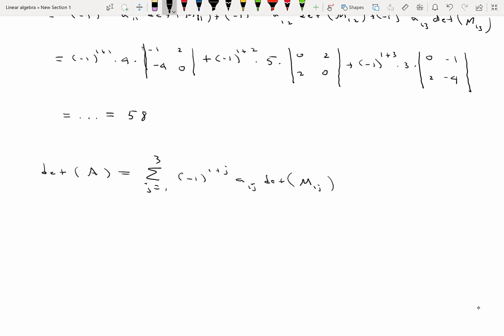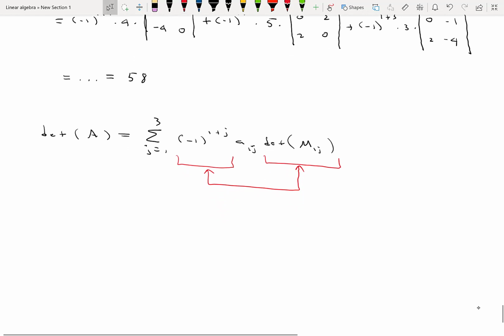I want to help us make this notation a little easier. I want to group the -1 to the 1 plus j and the determinant of the 1j minor of A together. In order to do that, I'm going to be introducing the concept of a cofactor.